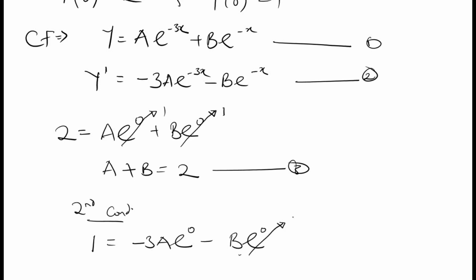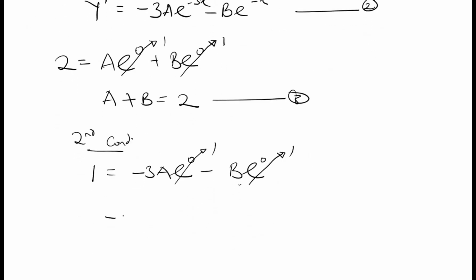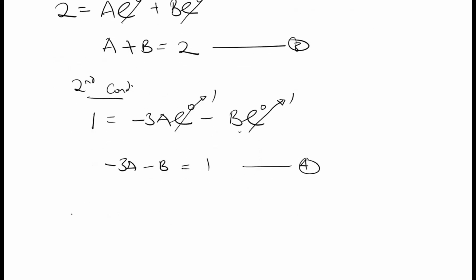Here too, the same thing, exponential 0 is 1. So my equation will now be minus 3a minus b is equal to 1. This is equation 4. So I can change b to be the subject of the formula in this equation 4 to have b is equal to minus 3a minus 1.